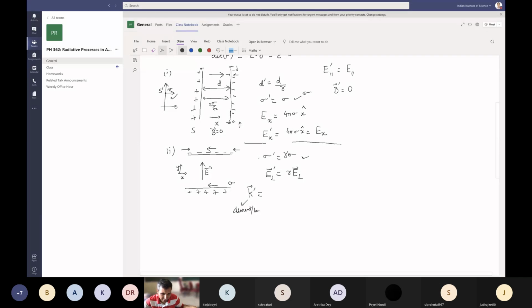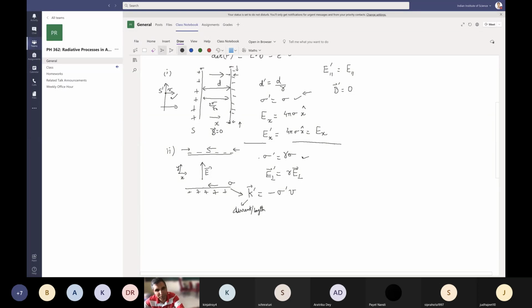Basically, if you have charge density and multiply it by the thickness, you get this. We are considering this bottom plate. So what is the current surface density corresponding to the bottom plate? This is just minus sigma prime times V, since these are positive charges moving in the negative direction.